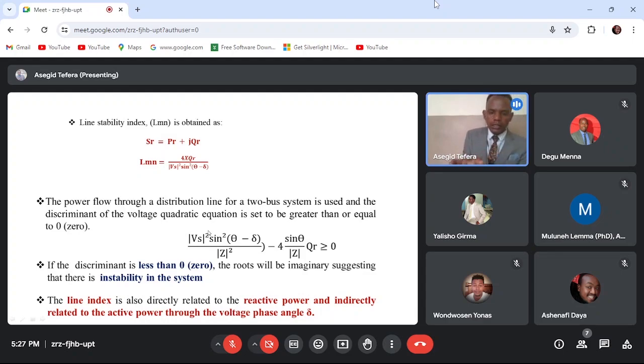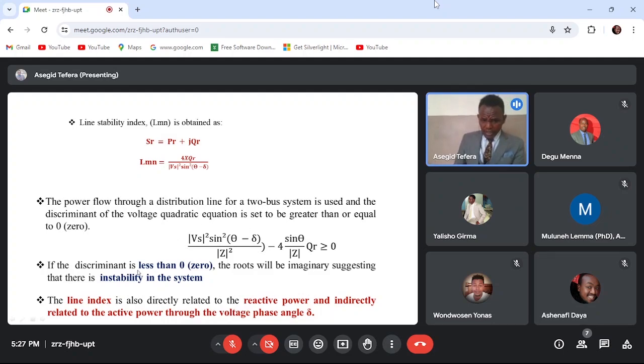So at this quadratic equation value, every time it is greater than or equal to 0, the line stability index is obtained. If this is less than 0, the root will be imaginary. That means instability can occur.